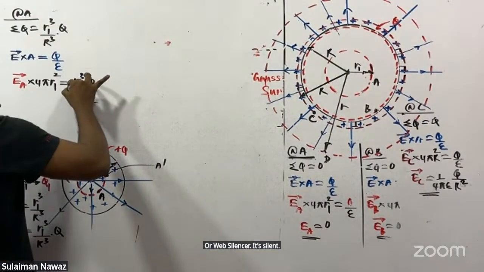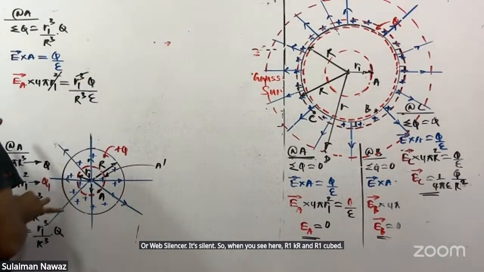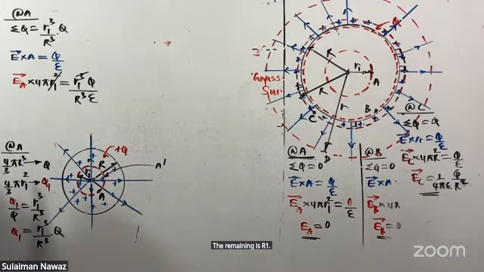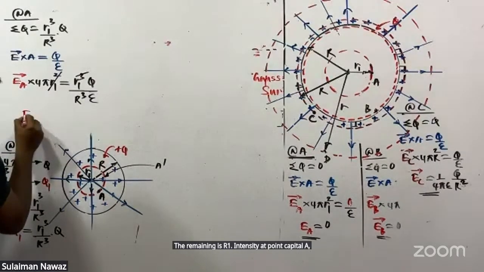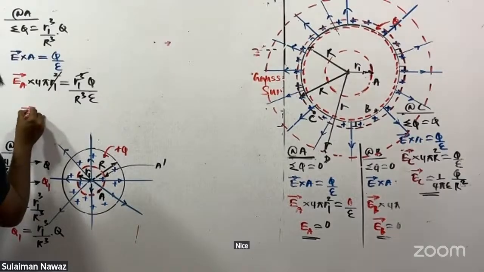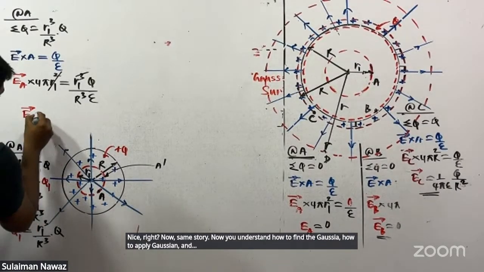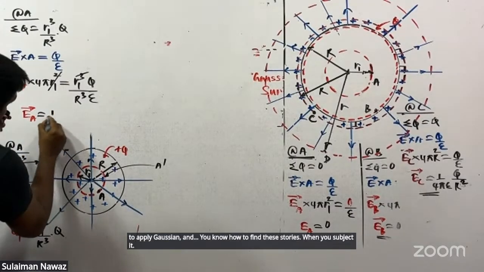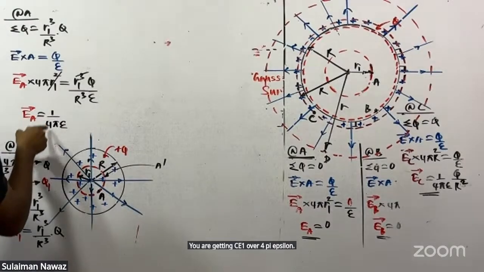So when you see R1 squared and R1 cube, the remaining is R1. When I substitute for the intensity at point capital A, now you understand how to apply Gaussian. When you substitute it, you are getting 1 over 4 pi epsilon.